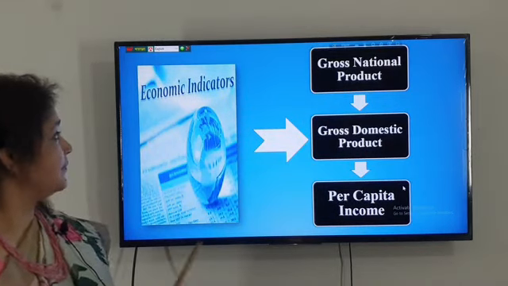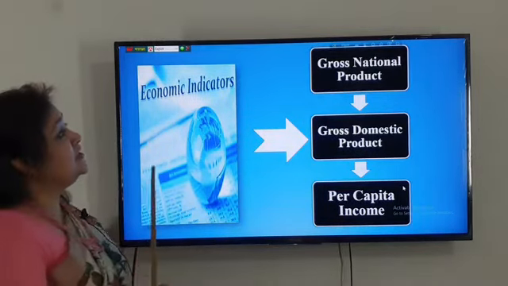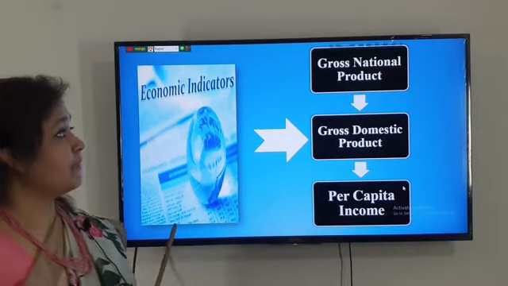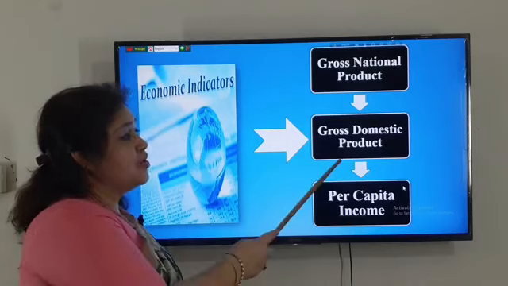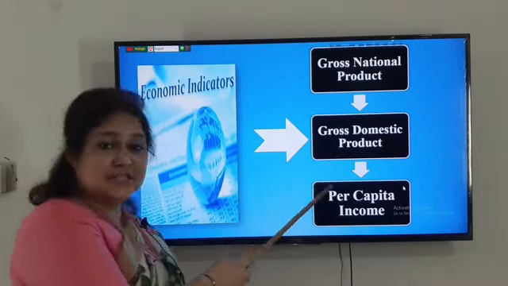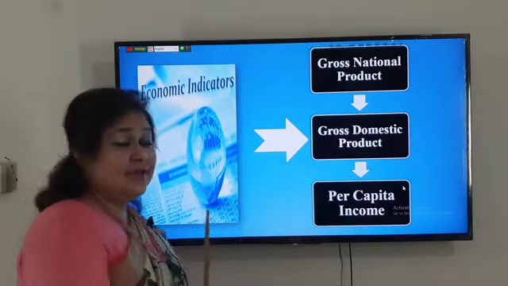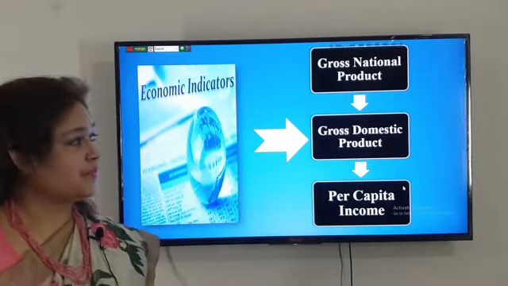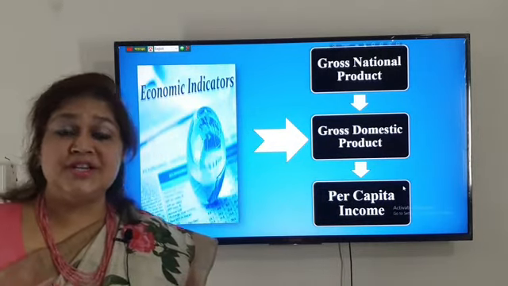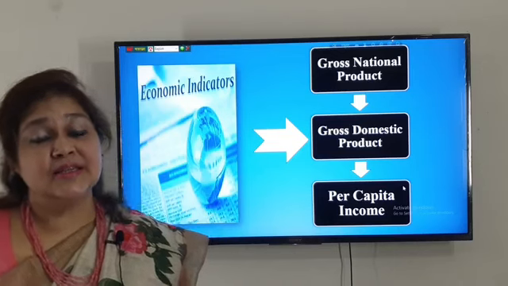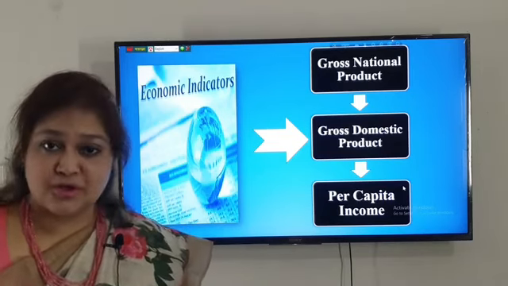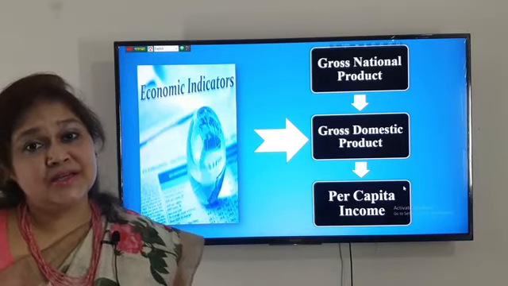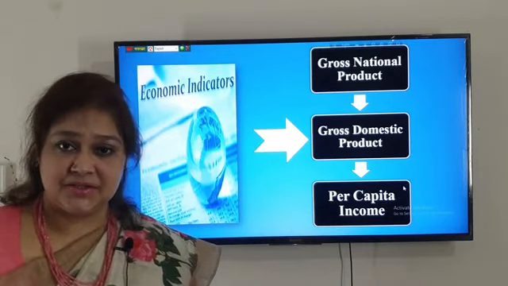Economic indicators are gross national product, GNP, gross domestic product, GDP, and per capita income. To know the economic condition of a country, it is necessary to know the gross national product, gross domestic product and per capita income of the people of that country.